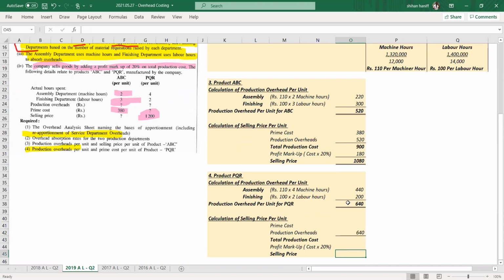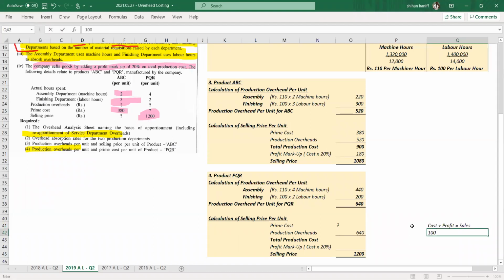Selling price is 1,200. Now we need to find out the prime cost. So how do you calculate prime cost? You have this, so you have to go upwards. Then the profit margin is 20% on cost. Cost plus profit equals sales.